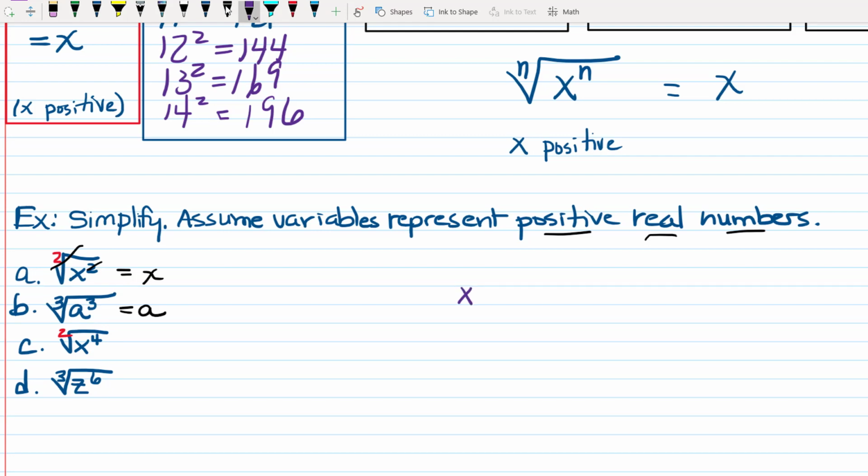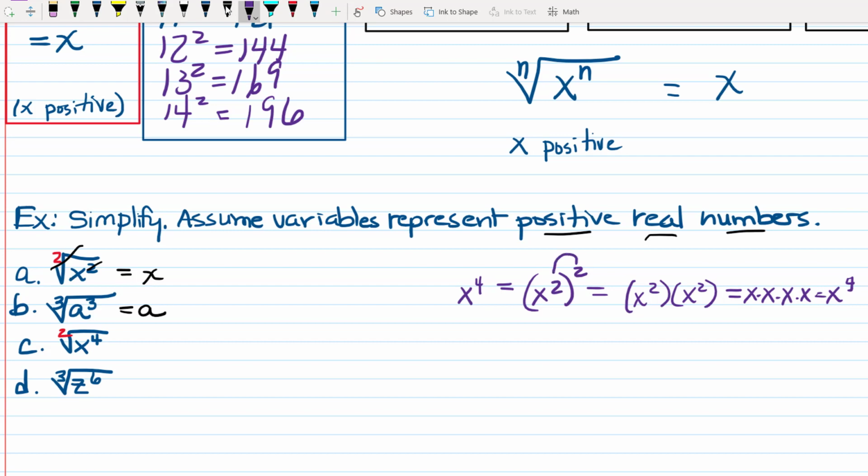I'm going to claim that x to the fourth is the same as x squared squared. So what does that mean? That means when we square something, we're multiplying it times itself. X squared times x squared. How many x's do we have altogether? That's x times x times x times x, which is x to the fourth.